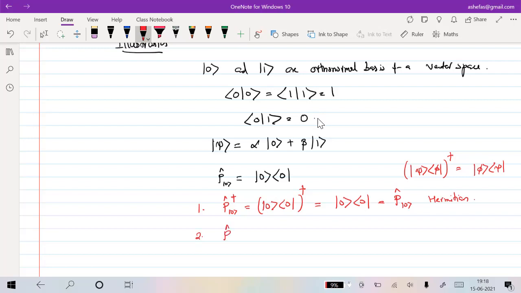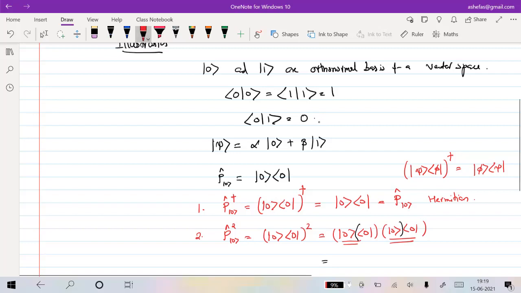And next we can find the square of this projection operator. So it is (ket 0 bra 0) the whole square. By definition, the square is the product of the same. Now we have one outer product and a second outer product. We take the product between them, and once you take it, we get an inner product here. So it can be written as ket 0, bra 0 ket 0, bra 0.